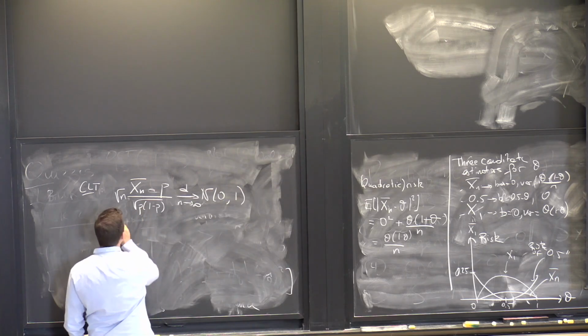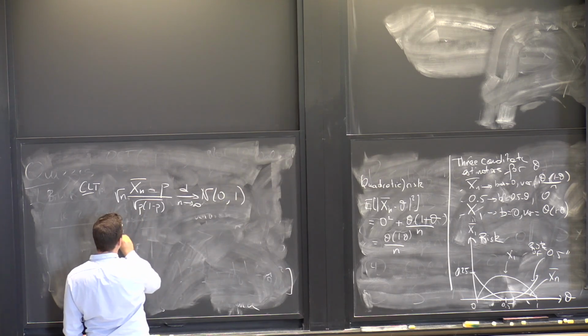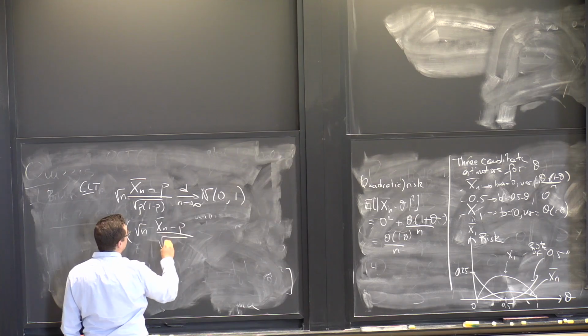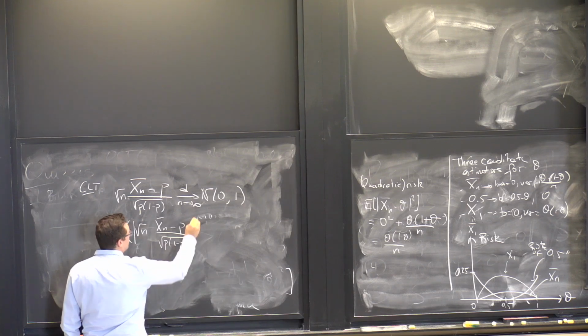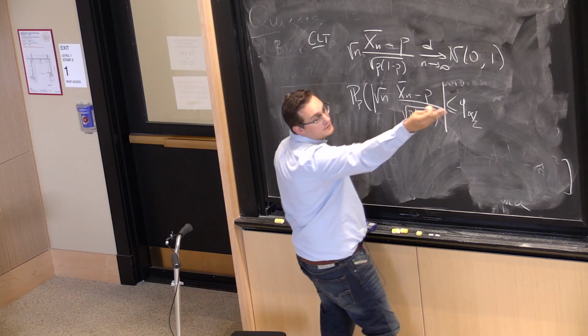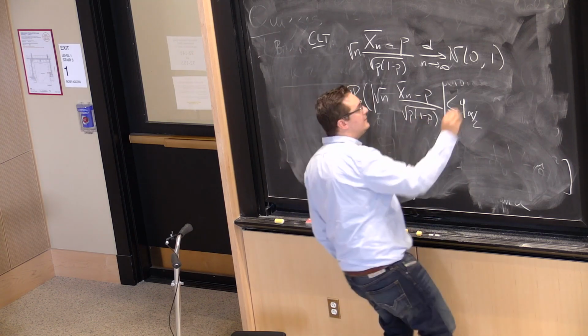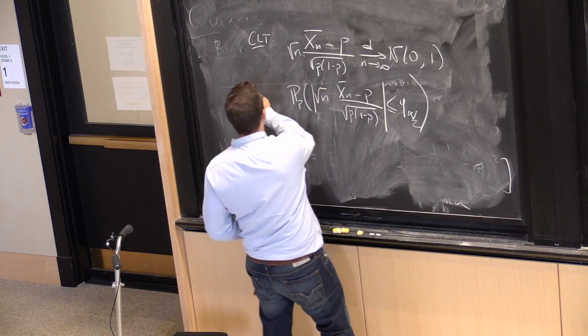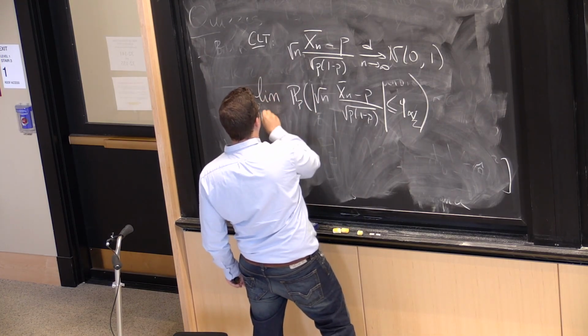Right? So what it means is that if I look at the probability under the true p, that square root of n times (X̄n minus p) divided by square root of p(1 minus p) is less than q alpha over 2, where this is the definition of the quantile, then this, and I'm actually going to use the same notation, limit as n goes to infinity, right?